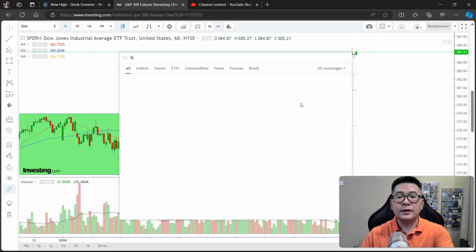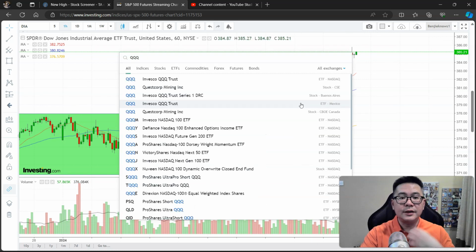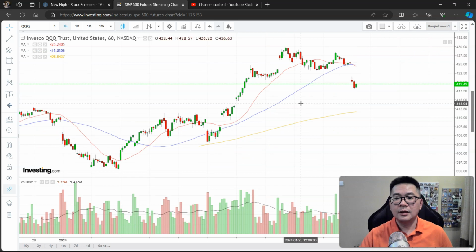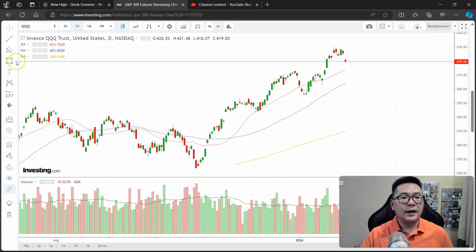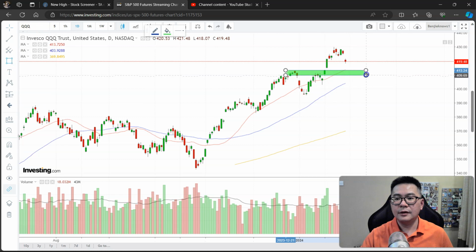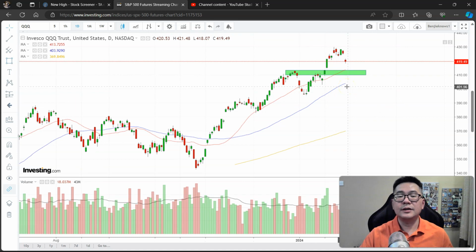Now let's take a look at the QQQ, which tracks the Nasdaq. QQQ is not doing so well today. And this is the support area. Rising 20 MA and rising 50 MA tell us that it's still in a very nice uptrend, and we should continue to be short-term bullish and mid-term bullish.